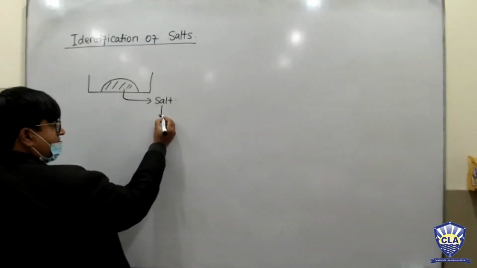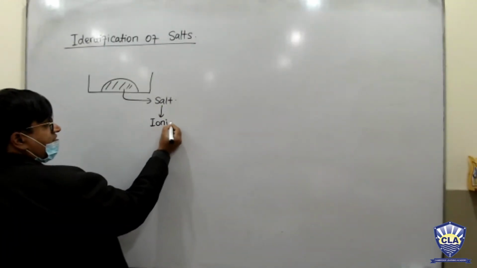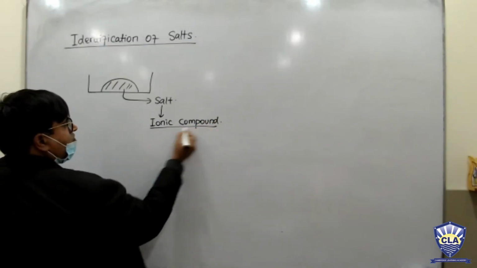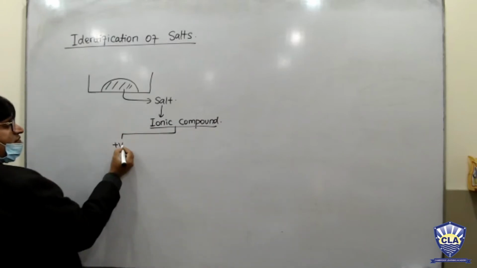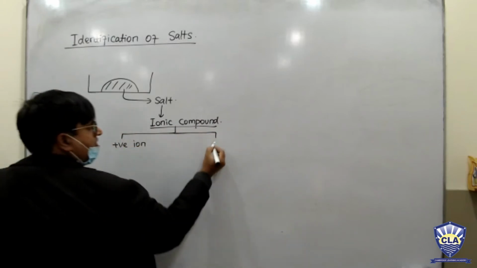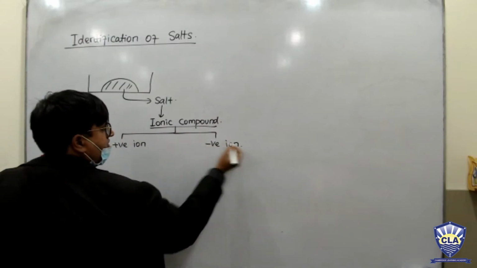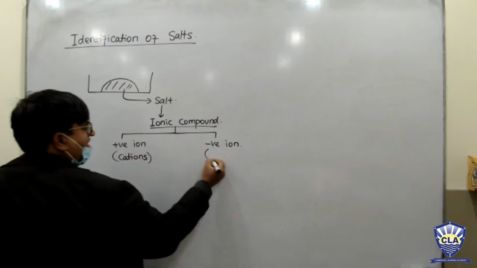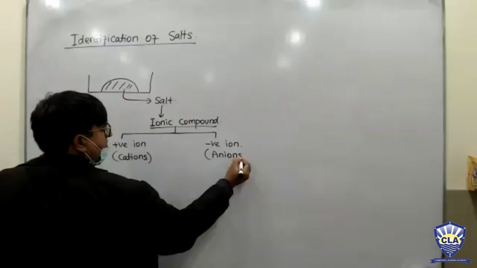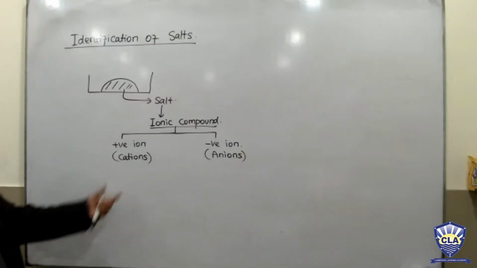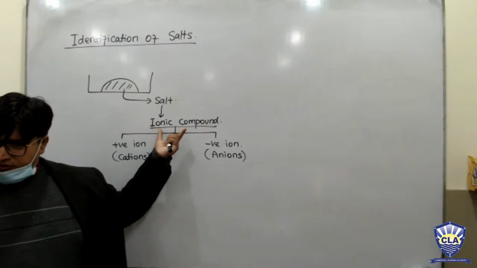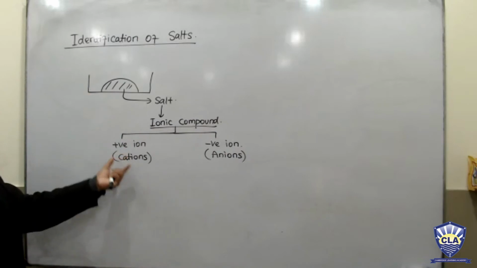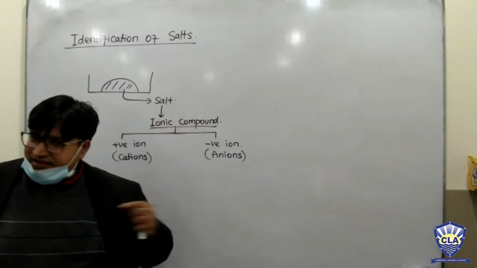Keep in mind, any salt is an ionic compound. Ionic compound means it contains a positive ion and a negative ion inside it. Positive ion means cation and negative ion means anion.